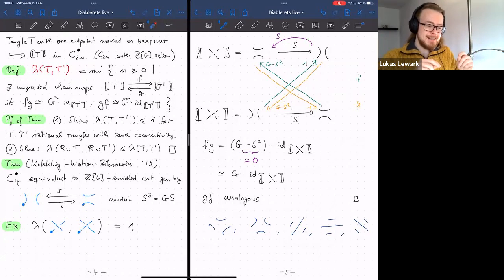And then the nice thing about lambda is you can compute it on each summand, and lambda of the sum is just going to be the maximum of lambda of the summands. The summands tend to be relatively small for knots, and then you can do it by hand on the summands.